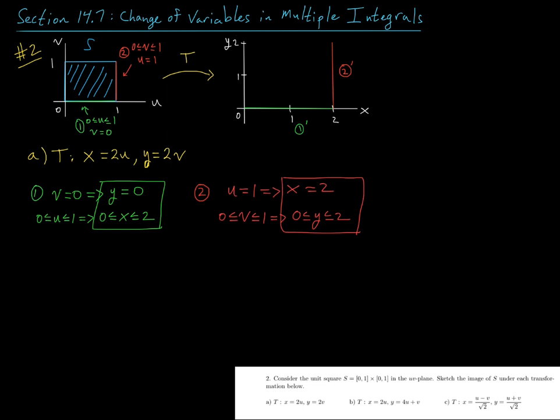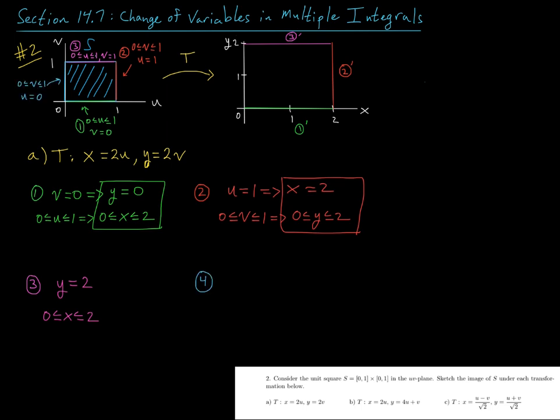All right, and then moving along, we have this top edge for S, and exact same idea as the others. So the fact that v is 1 will imply that y is 2, and u varying from 0 to 1 will imply that x varies from 0 to 2. So that's going to give us this edge.